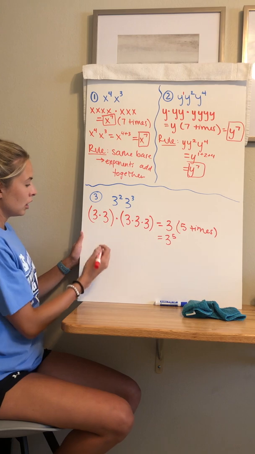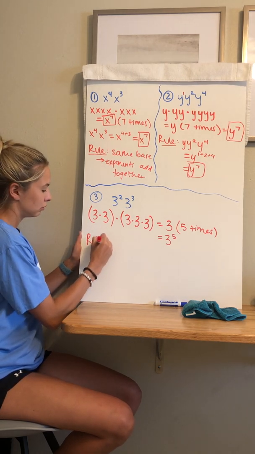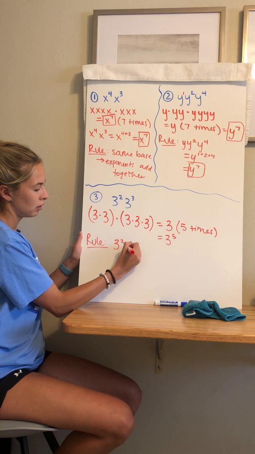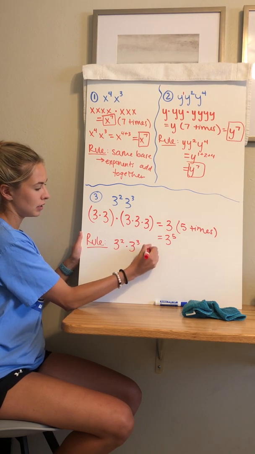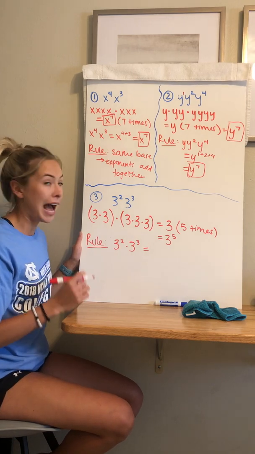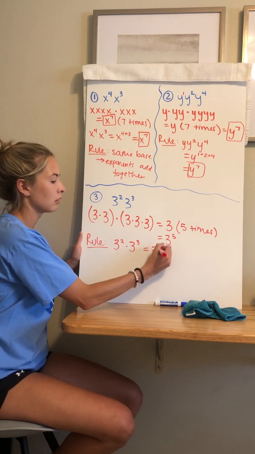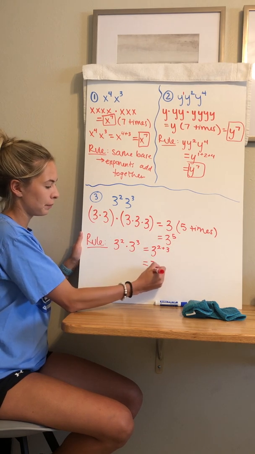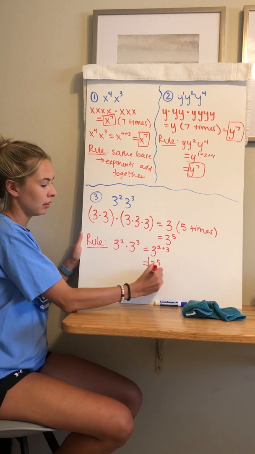Now let's use our rule. So 3 squared times 3 to the 3rd. Since they do have the same base, we can use our rule and add our exponents. So we have 3 to the 2 plus 3, which equals 3 to the 5th.